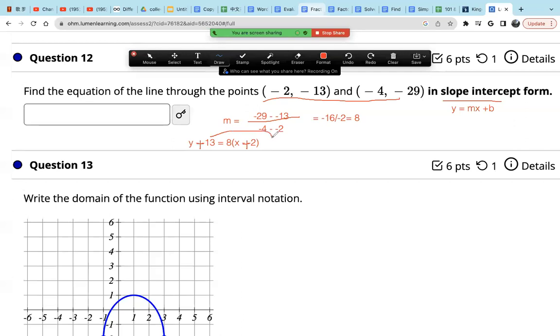Because we want to write in slope form, move 13 to the other side, that becomes minus 13. Then we have 8x plus 2 times 8, 16. 16 minus 13, that's 3. So we're writing the slope-intercept form as y equals 8x plus 3.